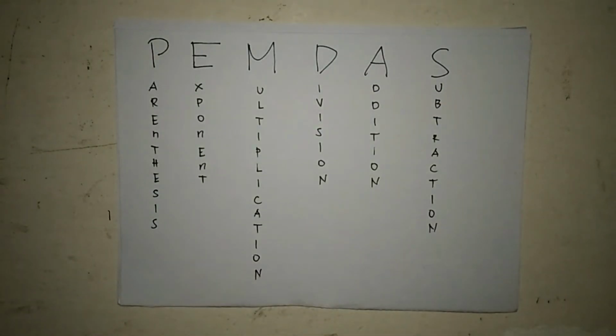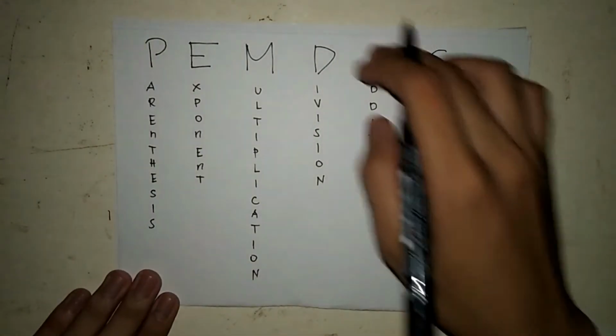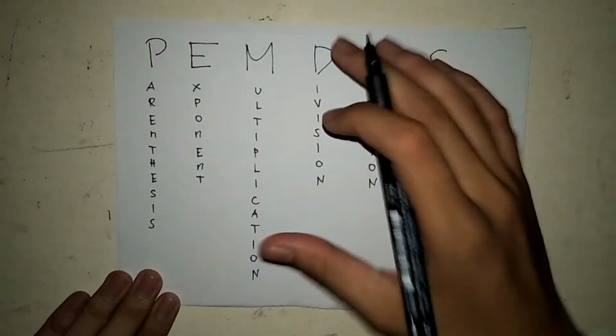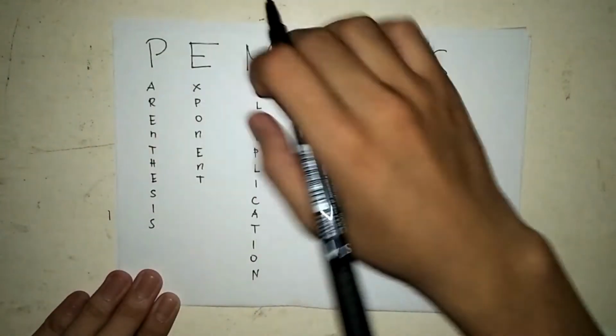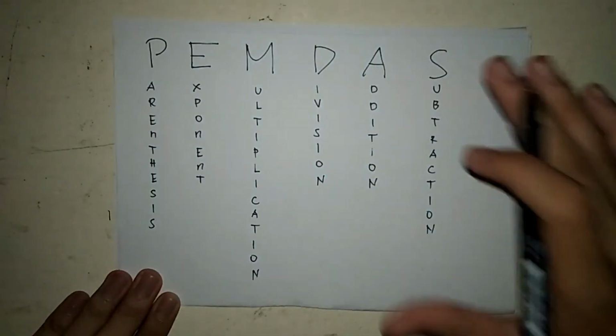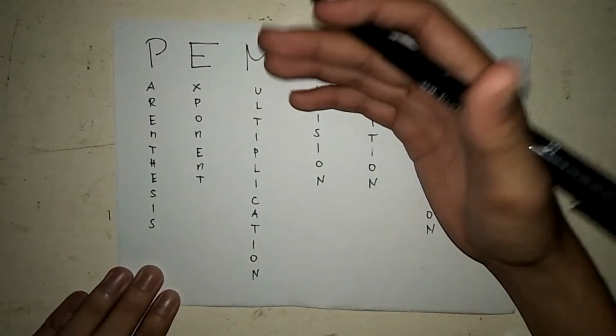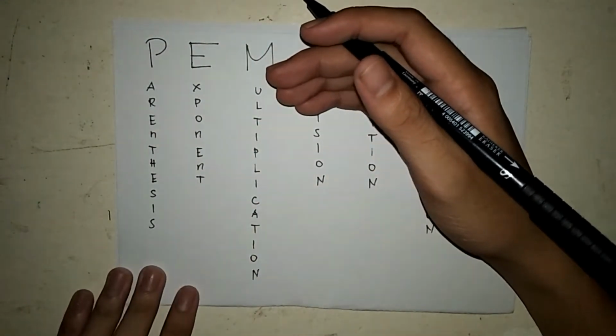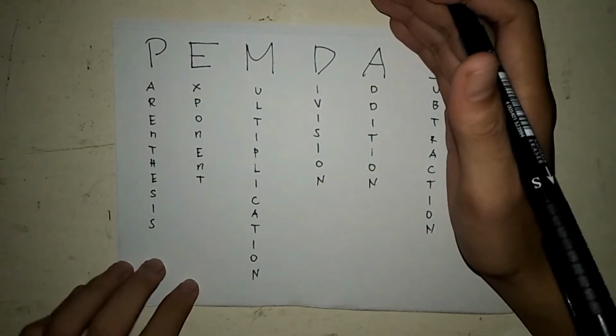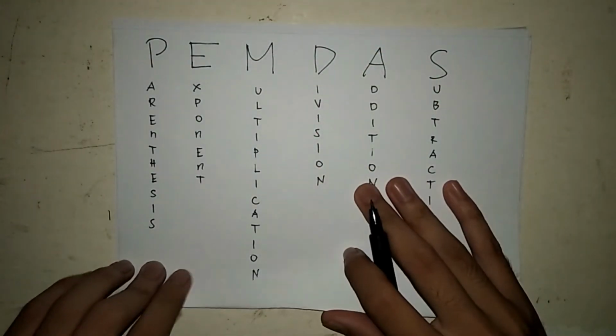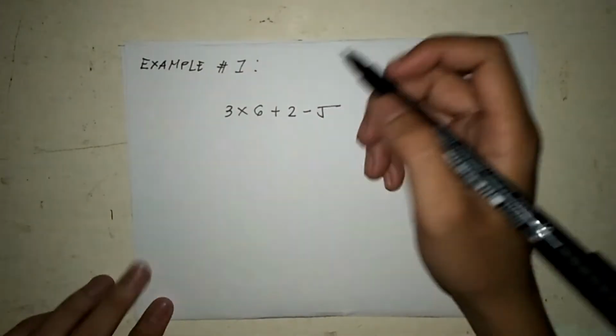So all you need to do is just to remember yung PEMDAS. Kasi ito yung mag-guide sa inyo. Ito yung process, yung step 1, step 2, step 3 process para ma-solve nyo yung mathematical expression which has several operations. So may example tayo dito.